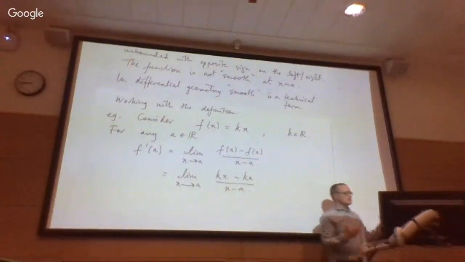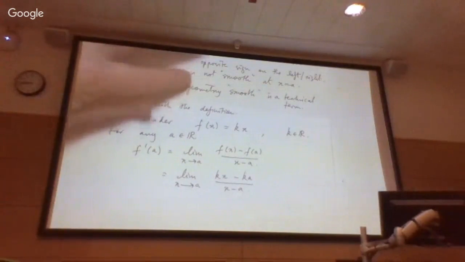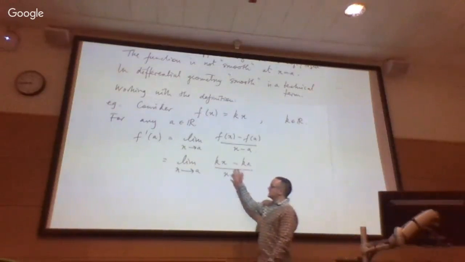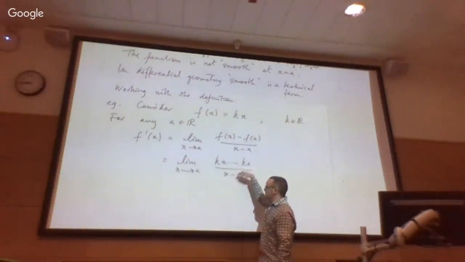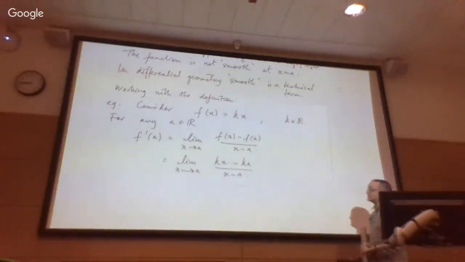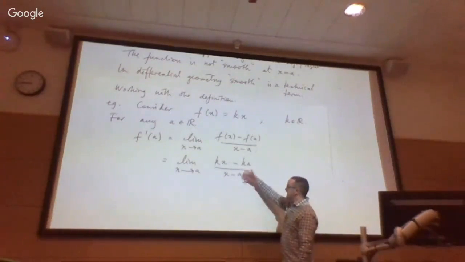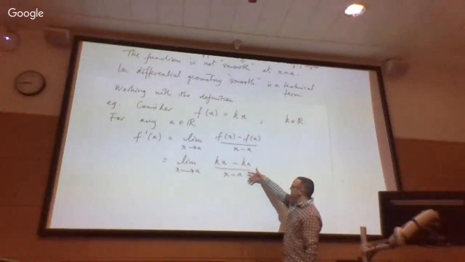You just have 0 over 0. That doesn't define anything. So you genuinely have to look at the limiting value that this ratio has as x approaches a, which isn't captured by simply substituting into the formula.